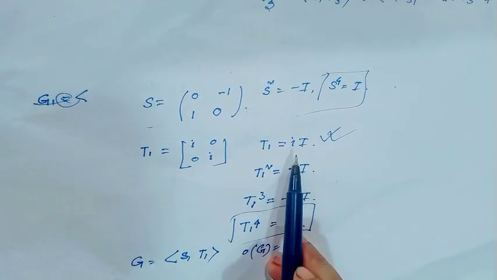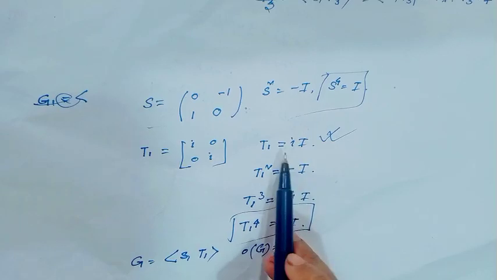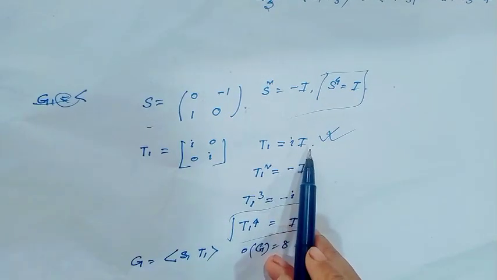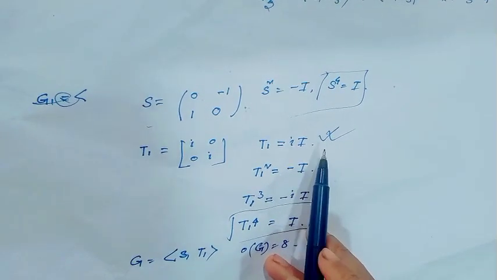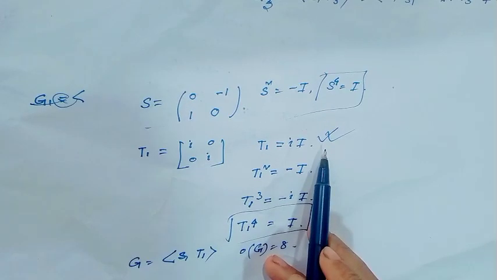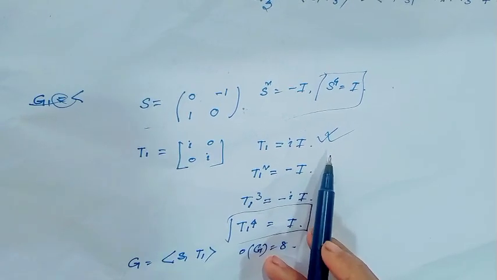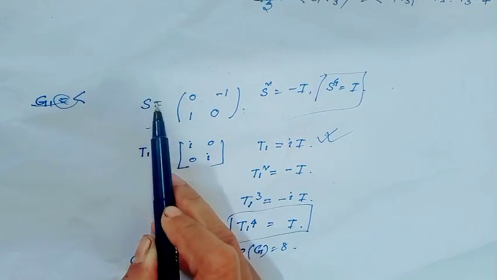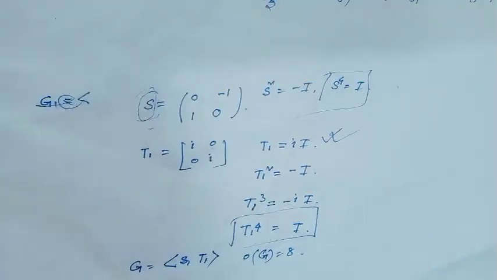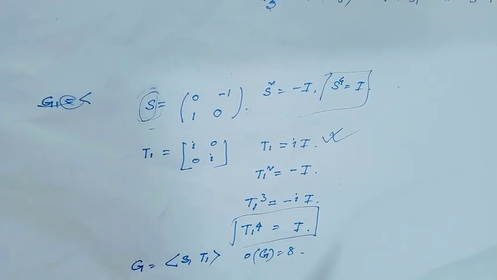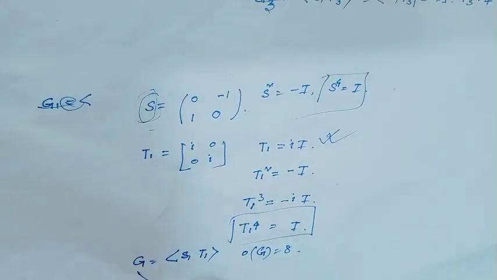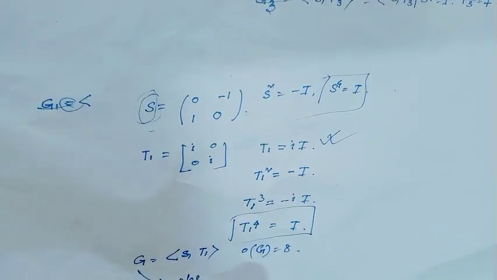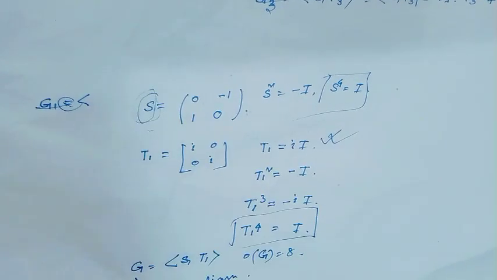And notice one very noticeable thing: T1 equals i times identity. That means this is a scalar matrix obviously. So any scalar matrix always commutes with any other matrix of the same order. So obviously G1 would be an abelian group.